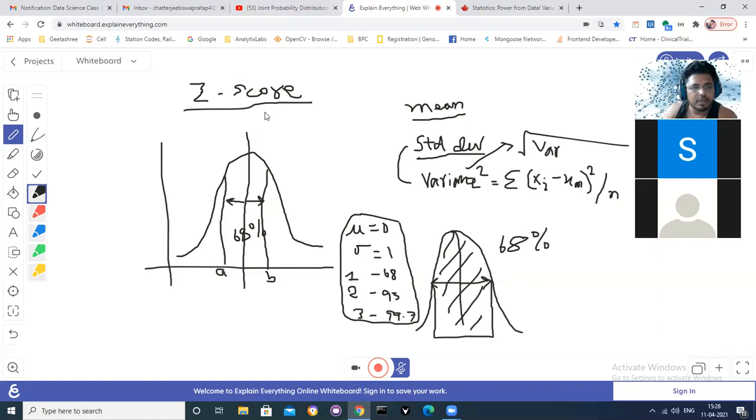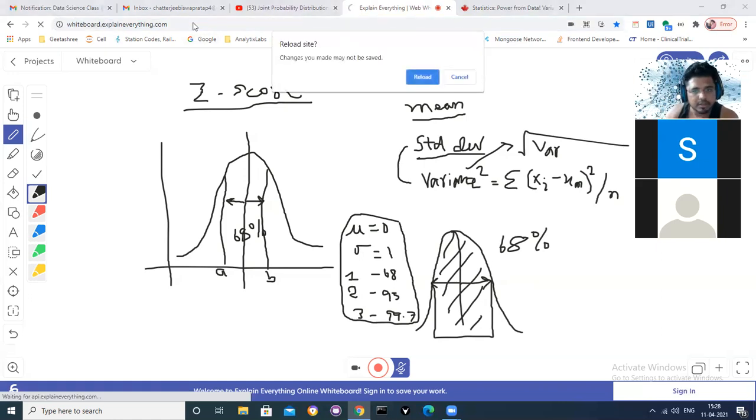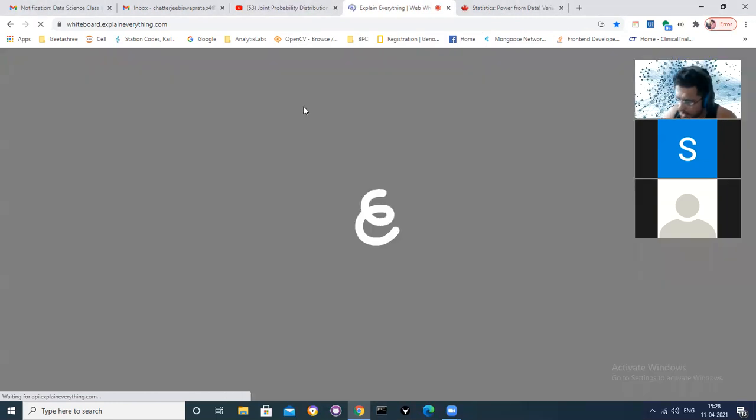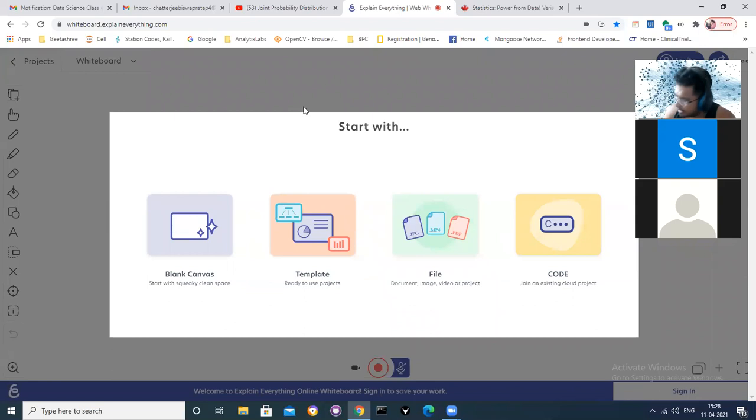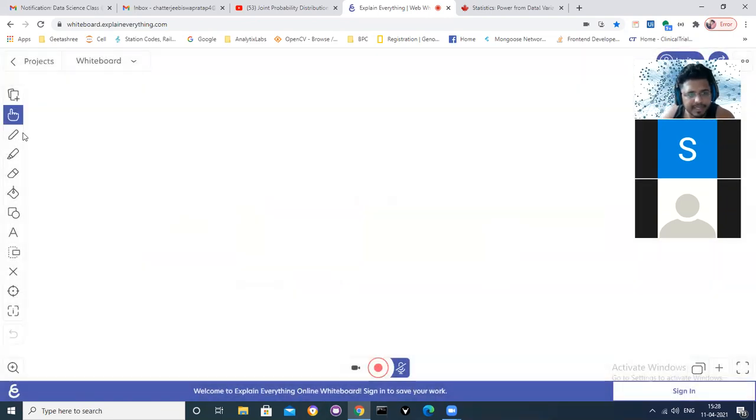So how to convert a bell curve into a standard normal distribution? We use the z-score formula to convert any bell curve.